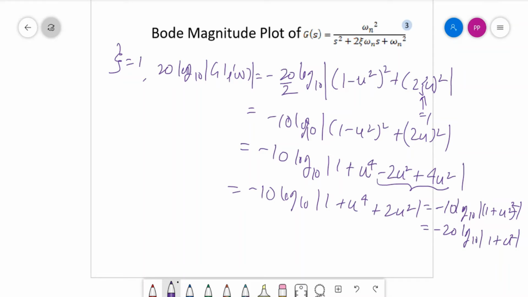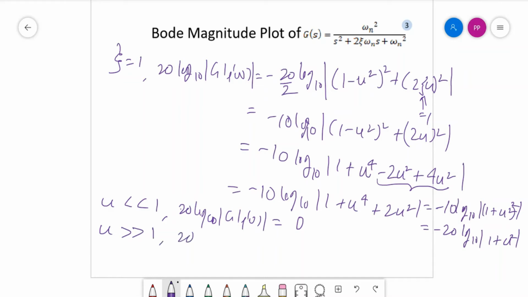Now you see, when u is very much less than 1, in that case 20 log base 10 mod G at j omega becomes 0, very simple from the expression. You see the story when u is very much greater than 1.